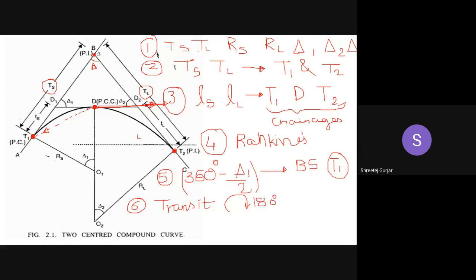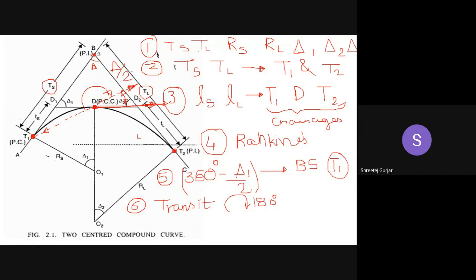So you rotate your telescope by 180 degrees like this. So your line of sight will be in the opposite direction. So this will be your line of sight now, in this direction. Now we want to align our telescope in this particular direction, right? In the direction of T2, we have to align. So you have to add some angle, right? We have to add this particular angle. So what is this angle equal to? This angle is equal to delta by 2.